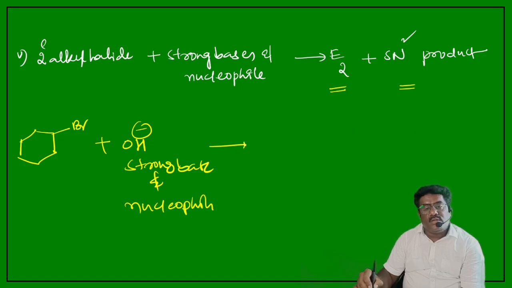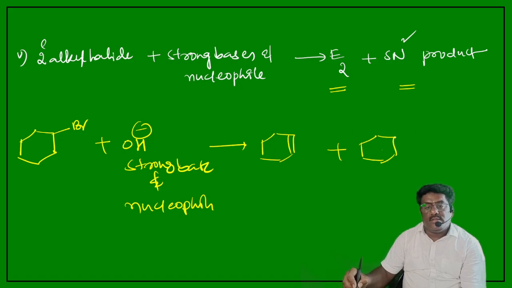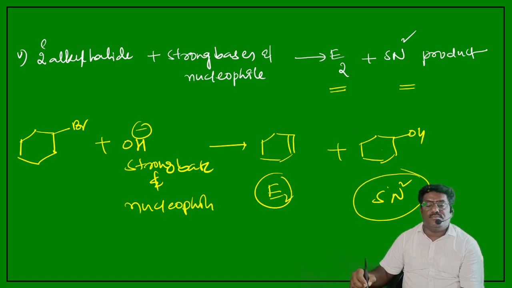What is the product? The E2 product is cyclohexene, and the SN2 product has an OH. In the presence of strong bases and nucleophiles, a secondary alkyl halide gives E2 and SN2.